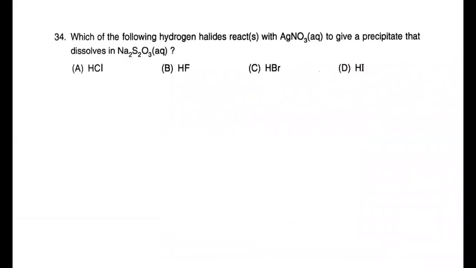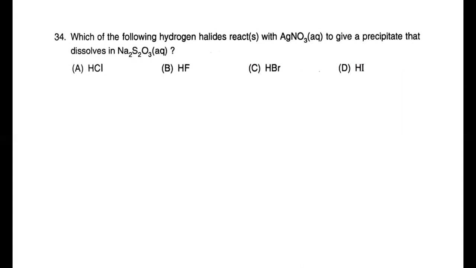The 34th question is given: which of the following hydrogen halides reacts with AgNO3 to give a precipitate that dissolves in Na2S2O3? So we all know that only two compounds of silver are water soluble. One is silver fluoride, another is silver nitrate. So with HF, AgF will not precipitate because silver fluoride is water soluble.